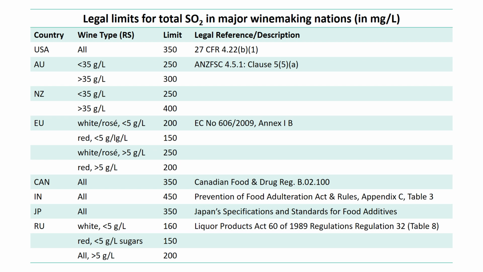And the European Union has recognized that this is happening, so they've made their legal limits different for red and white. And you'll also see here that for sweet wines in the EU, things that are higher than 5 grams per liter of residual sugar, they've bumped up their legal limit by 50 milligrams a liter. And they're recognizing that sulfur dioxide is binding to sugars in those wines and that they need more sulfur dioxide.